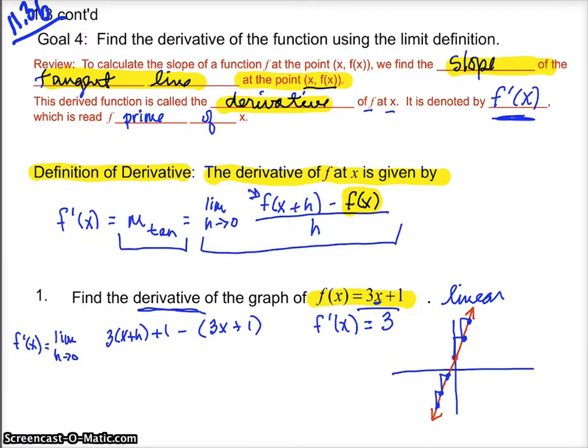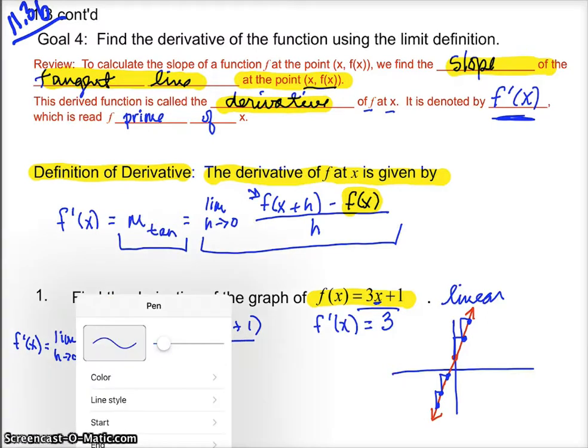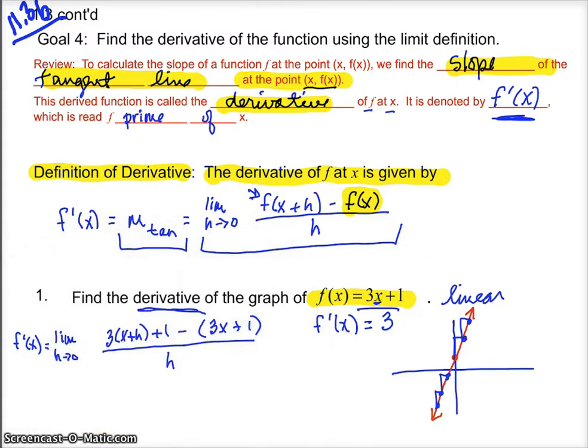Notice how I followed the minus with parentheses, so I remember to distribute the minus, all divided by an h. Okay, so let's go through and distribute. So that gives me in my numerator 3x plus 3h plus 1. And now I'll distribute the negative minus 3x minus 1, all divided by h. And I still have not taken the limit.